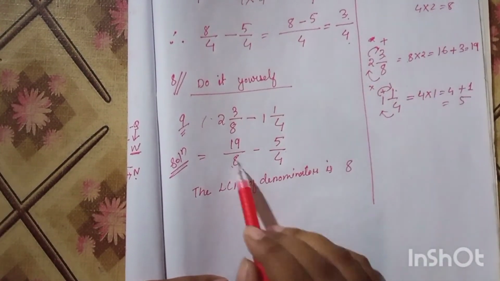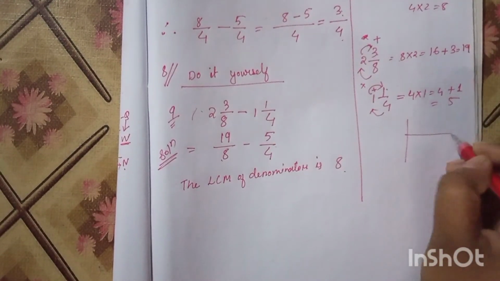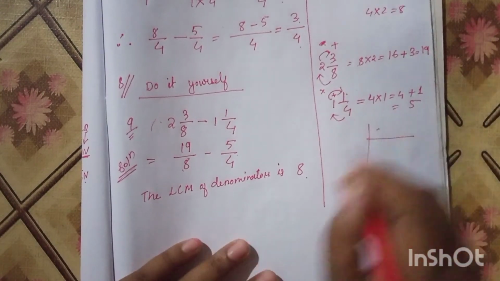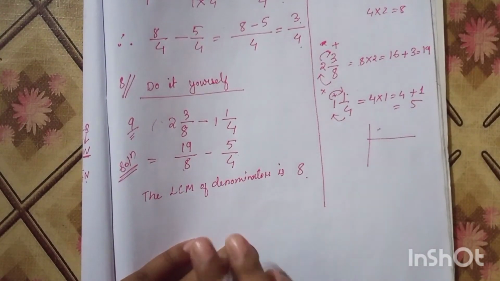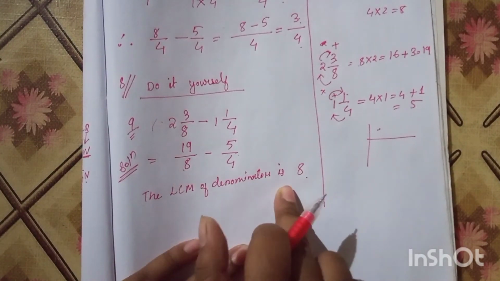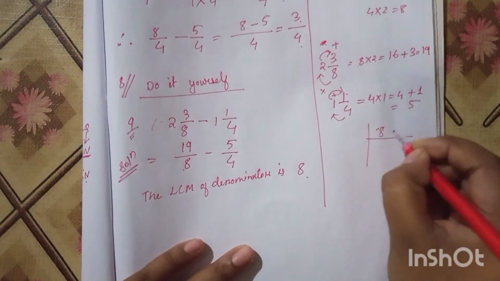You see here, 8 will be the denominator. You can also check this answer by finding the LCM. I have written it directly because I know they are factors of each other, so the bigger number will be the LCM. But let's see with this method also.